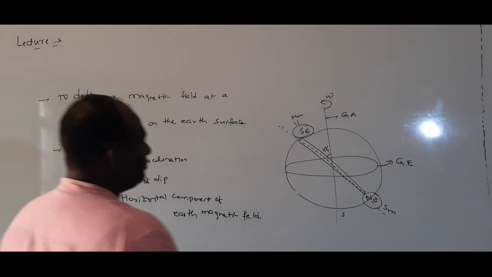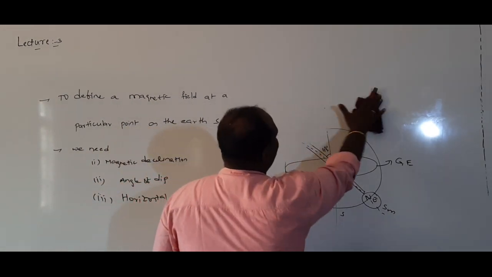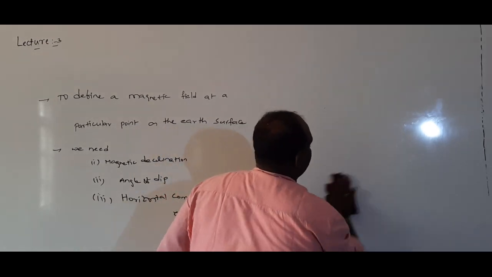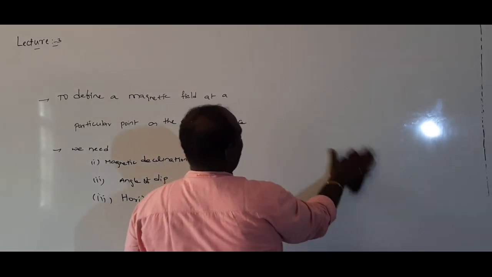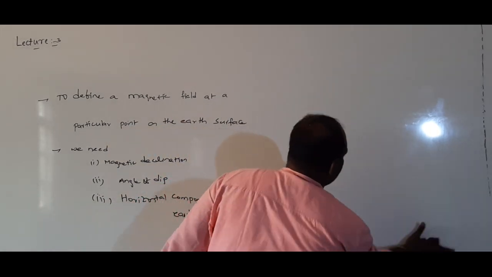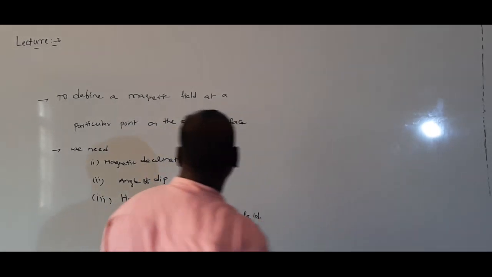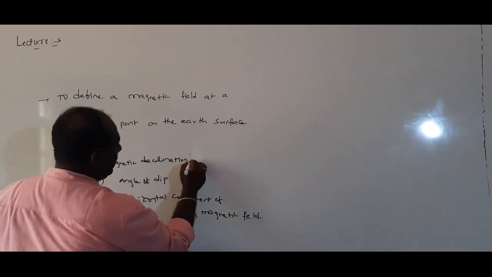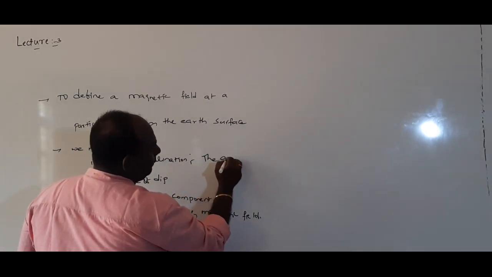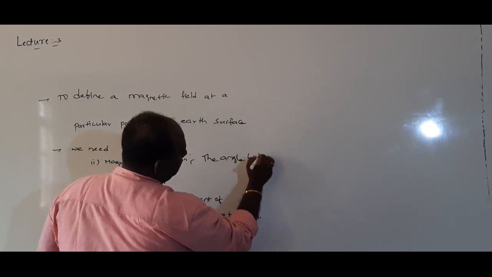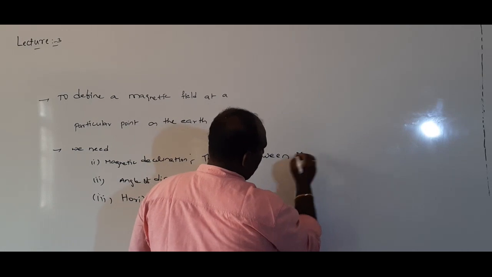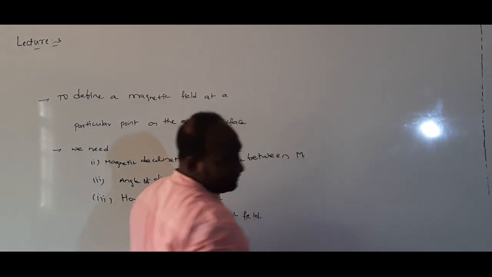I am going to define these terms. First, magnetic declination. What is the definition of magnetic declination? The angle between GM and MM.